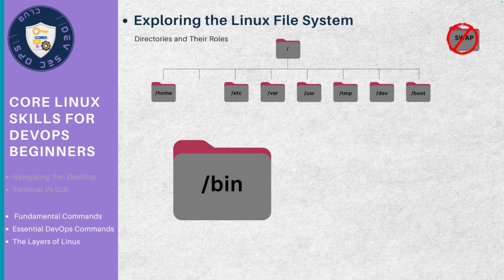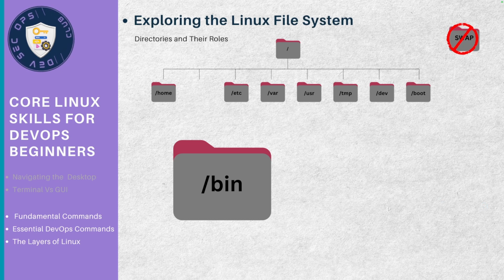Then next, this is one example, but why do you need it? As a DevOps engineer, what is the use of this? When you are setting up a Jenkins automation script, you might need to use some basic utilities which are already included in this directory.